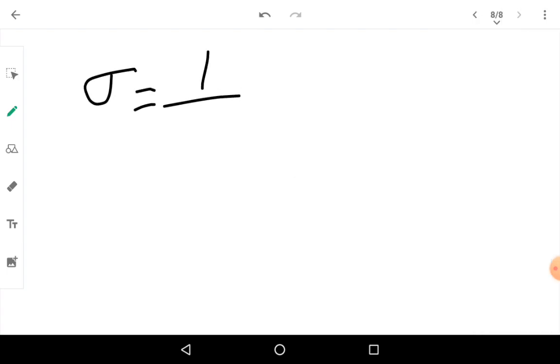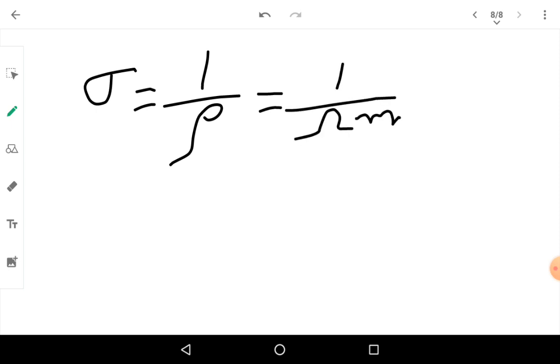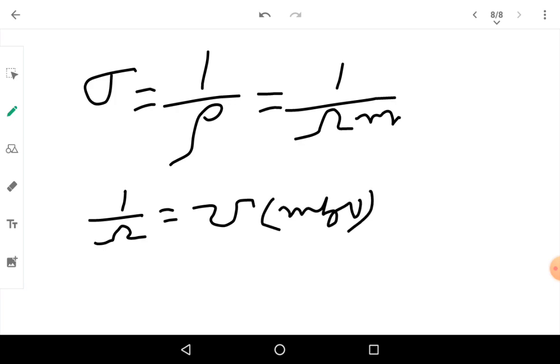Kappa equals 1 upon rho, so the unit of kappa is per ohm meter, and per ohm we can write mho. So we can say that the unit of kappa is mho per meter.